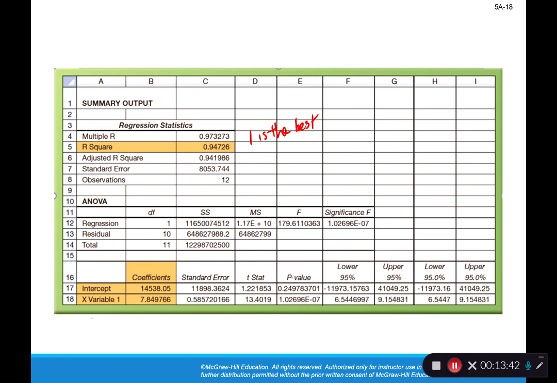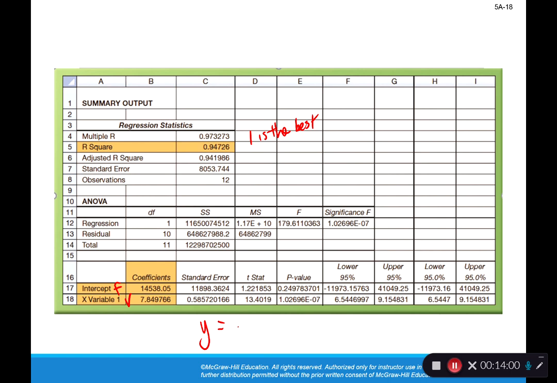And then the other orange items you need to be aware of are the intercept and the x variable. The intercept is our F, our fixed cost, and the variable would be our V, our variable cost per unit. So given this information, I can very quickly and easily determine my cost line.